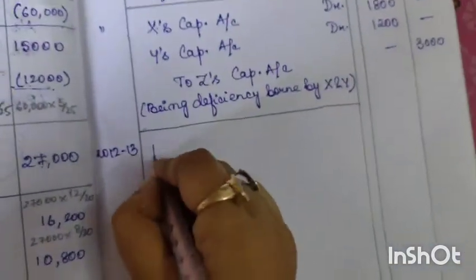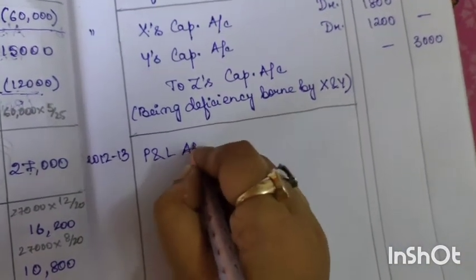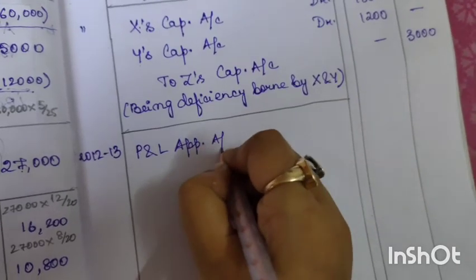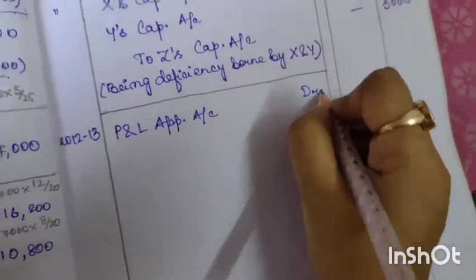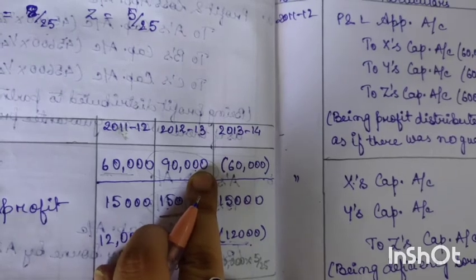Okay, so we will write here profit and loss appropriation account debited. What was the total profit of the firm? 90,000.